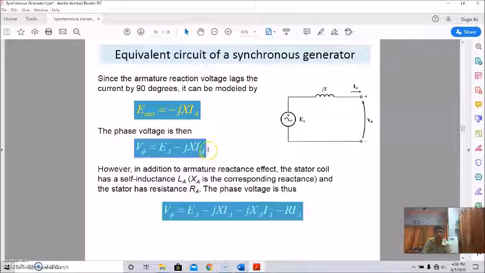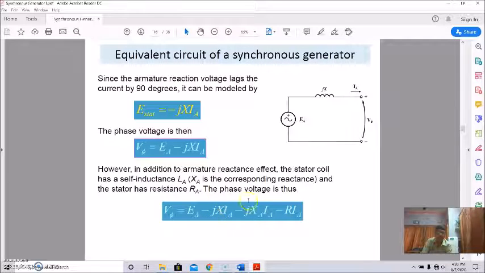However, in addition to the armature reactance effect, the stator coil has a self-inductance L, XA also is the corresponding reactance, and the stator has resistance RA, and the phase voltage will thus be EA minus jXIA plus jXAIA, that is the reactance corresponding to the self-inductance, and this is the resistance drop.